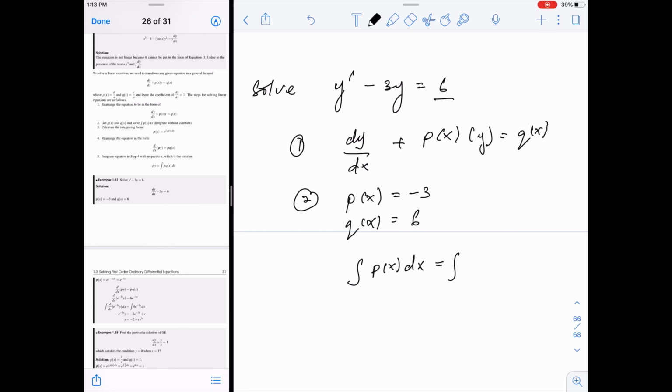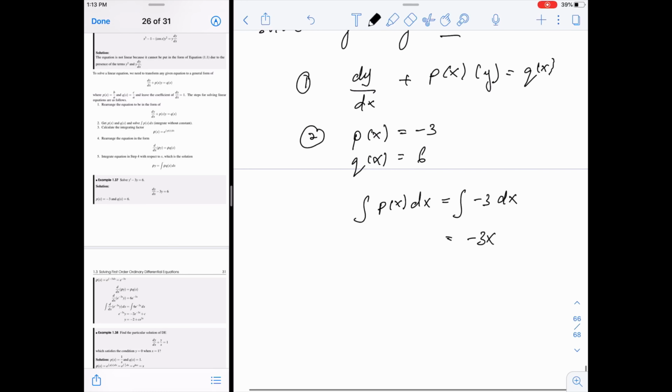So you will have the integral of -3 dx, which gives -3x. Notice that the integration should not include the constant, just like we have learned previously. Just leave it without the constant.